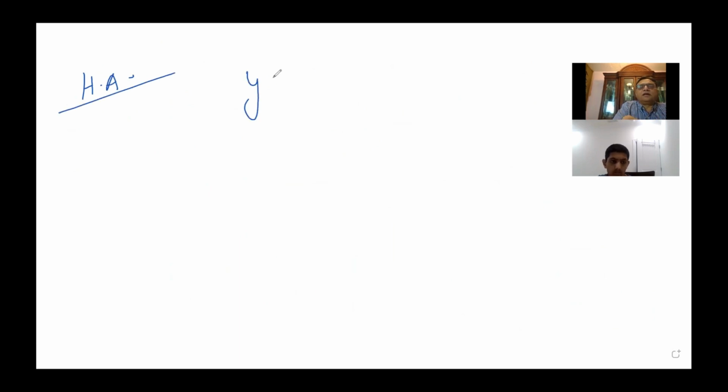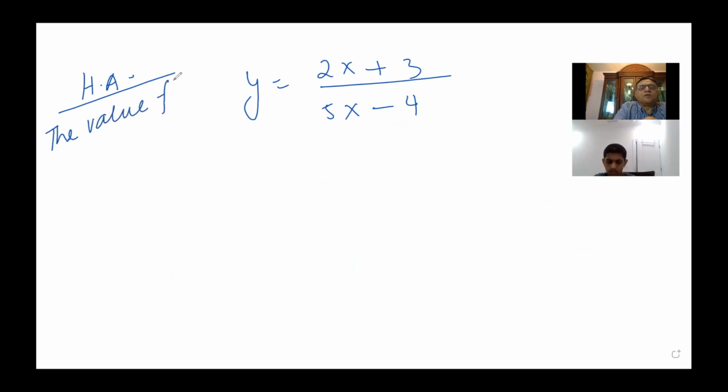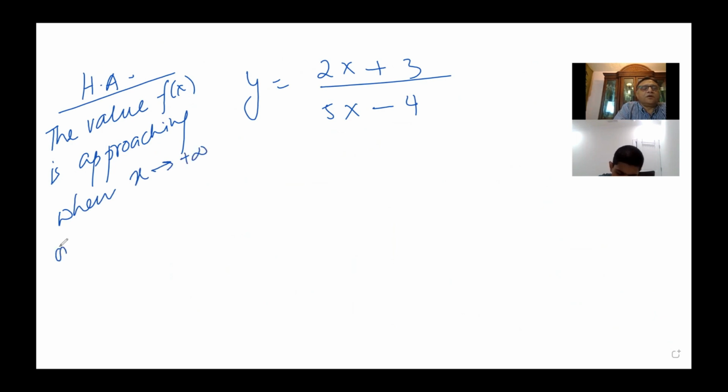We have the function y equals, let me write any function, right? Let's say 2x plus 3 over 5x minus 4, correct? Horizontal asymptote is the value function f of x is approaching when x approaches positive infinity or x approaches negative infinity.